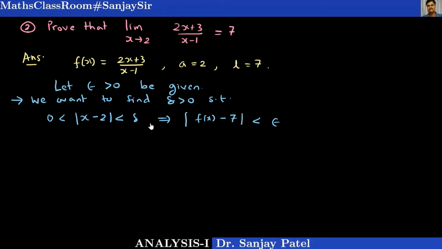And remember, in verifying this condition, we always first consider f(x) minus 7, that is this expression. So let us begin with mod of f(x) minus 7. So consider mod of f(x) minus 7.